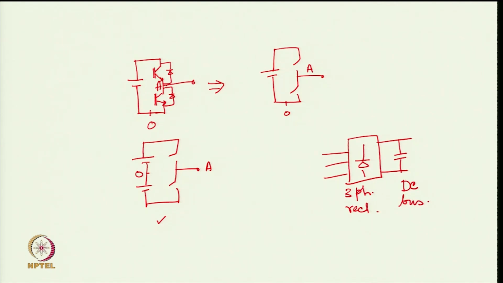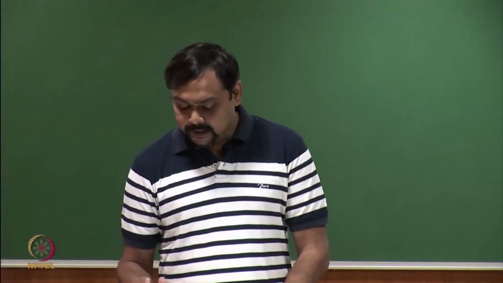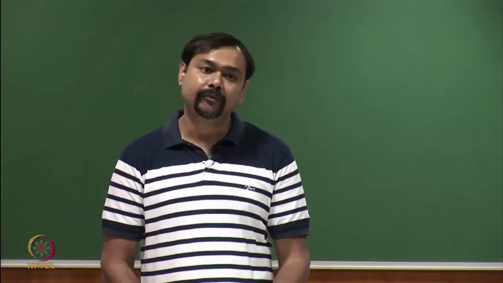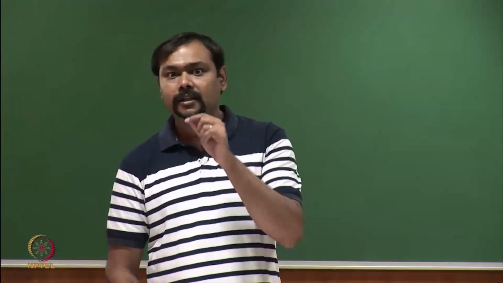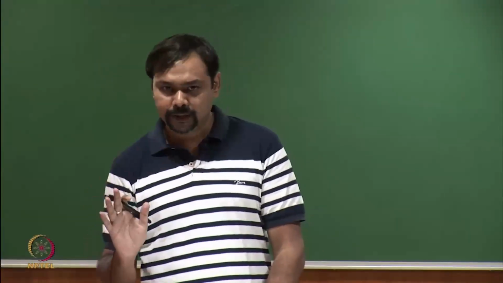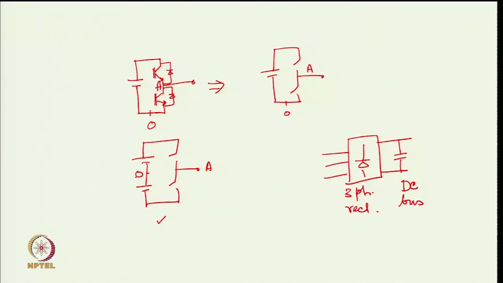The DC bus is made up of capacitors, and there is no midpoint of these capacitors unless someone makes a special connection to get a midpoint. Normally it is just a capacitor, there is no midpoint. However, in many books and literatures, you will find that the O point has been taken here.